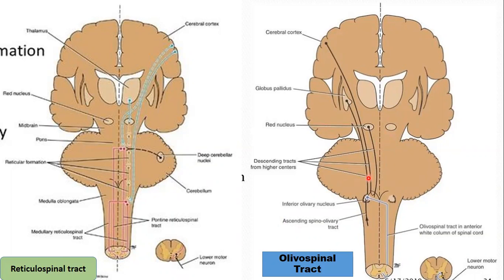It starts with the inferior olivary nucleus, which you are seeing over here, and then it descends to the anterior horn cells. So this one is the shortest one. As you see, it starts with the olivary nucleus part. I hope this is clear: just remember from where each and every extrapyramidal tract is starting, and the rest, from the pons, is similar.